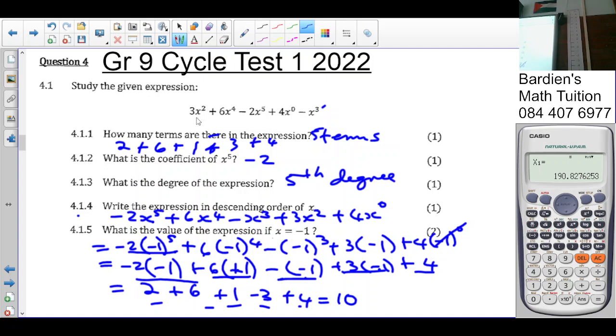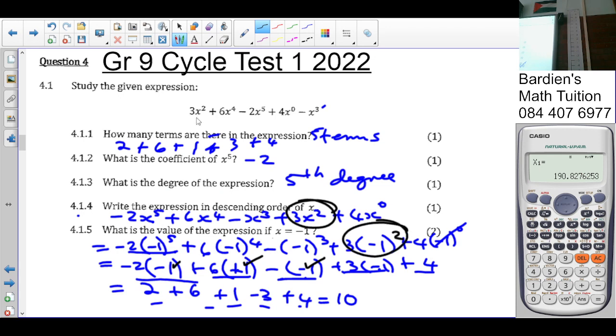If I've gone wrong somewhere, the answer is 16. But where am I going wrong? Oh, I didn't write the square.